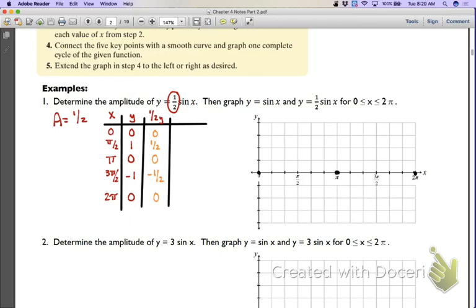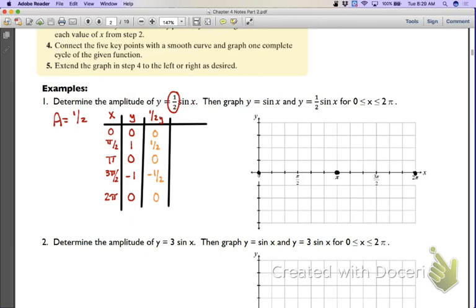So whenever we graph this, the values that you want to essentially start at, until we start to shift things left, right, up, down, stuff like that, but for right now, whenever we're just messing with the amplitude, you have a point at 0, 0, you have a point at pi and 0, you have a point at 2 pi and 0.